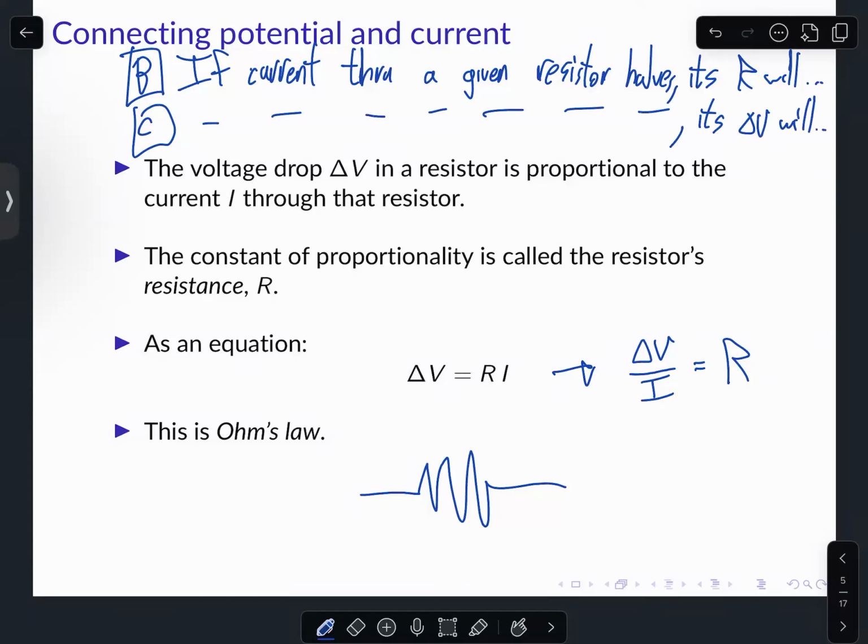Can you read my writing? See what I'm saying? If current through a given resistor halves, its resistance will blank. If current through a resistor halves, its voltage will blank.